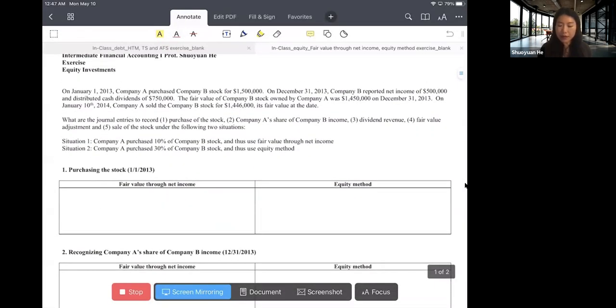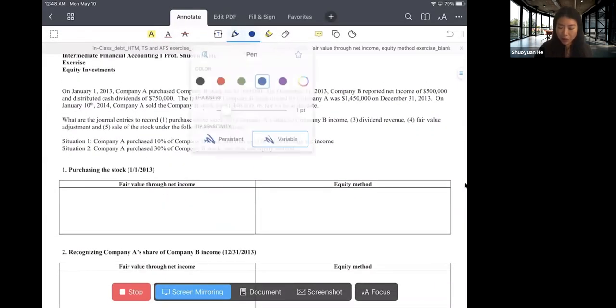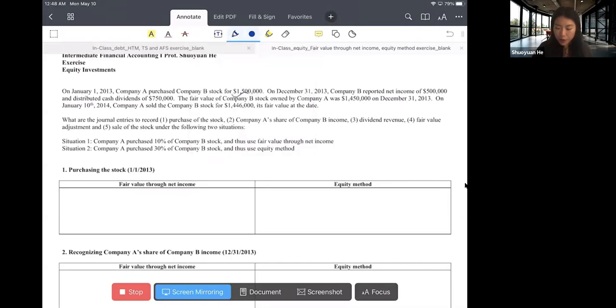In the example, company A purchased company B stock for 1.5 million. On December 31st, 2013, company B reported net income of 500,000 and distributed a cash dividend of 750,000. The fair value of company B stock owned by company A was 1.45 million on December 31st, 2013.